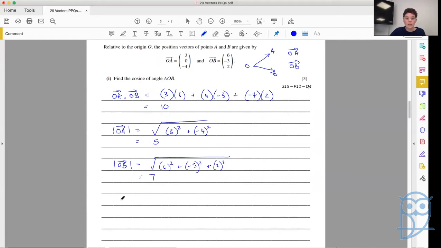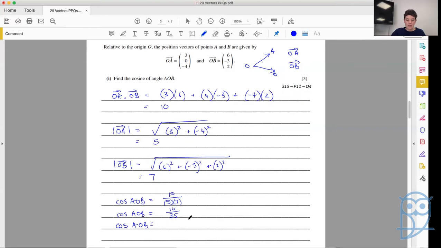We now know that cos AOB equals dot over moduli. So cos AOB equals 10 over 35, and you put the brakes on. Because we're not going to do an inverse cos, we're just going to simplify this fraction.